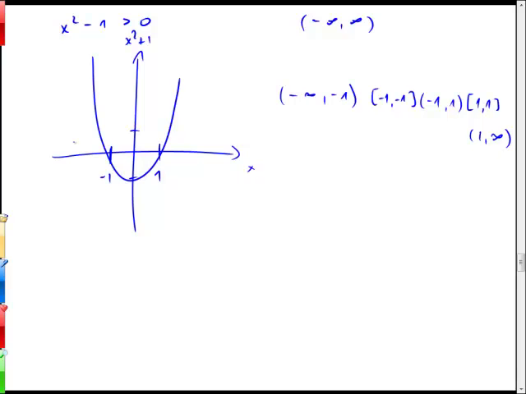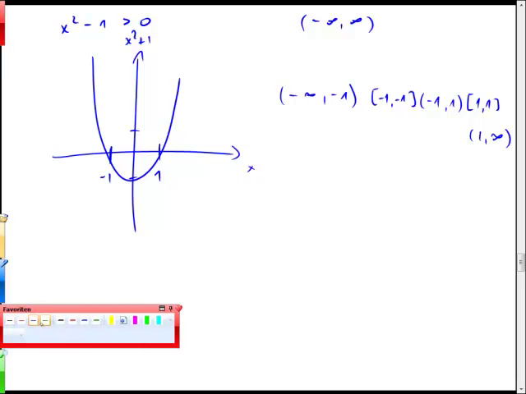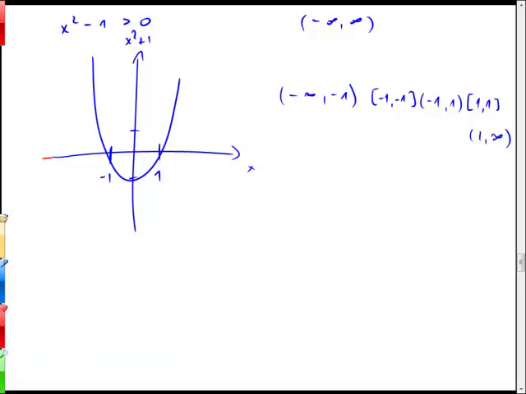I have one interval here, then this point, one interval here, this point, and one interval here. 1, 2, 3, 4, 5.